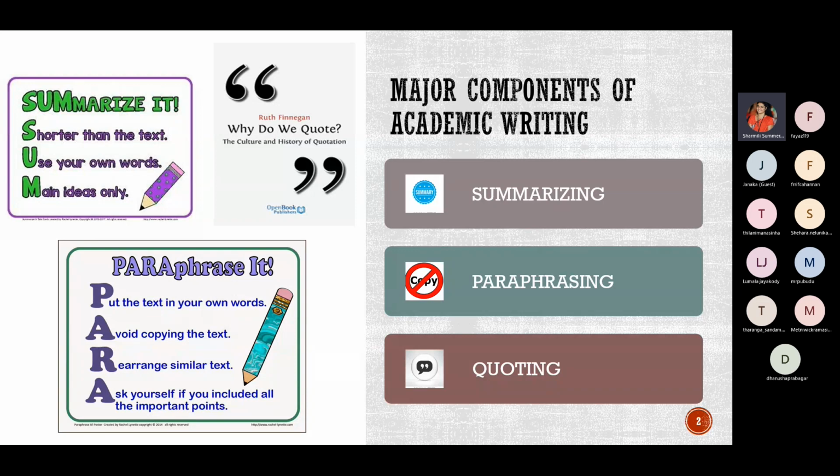Essays also come under academic writing, but with essays you are not copying anything from any resources. But when we are talking about report writing, papers, and research article writing, these three major components you need to write.